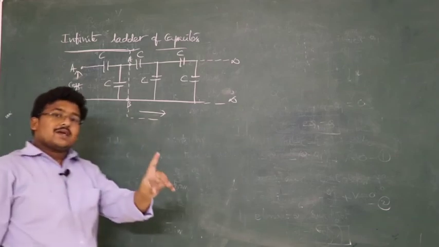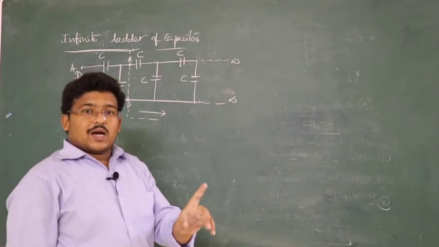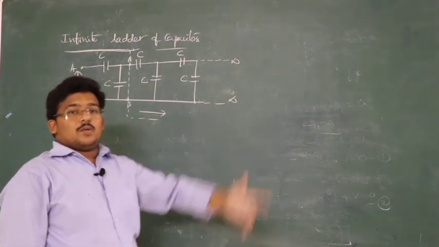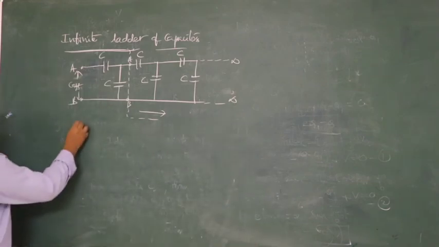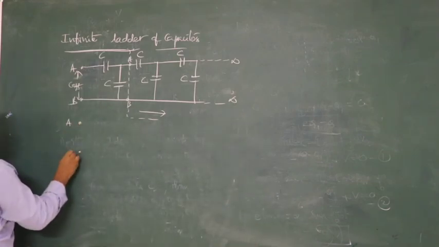So you need to take such points A and B so that you get the same problem again. That is how I will take this problem. This is A, this is B.